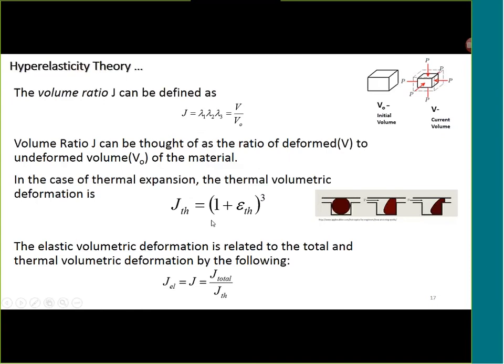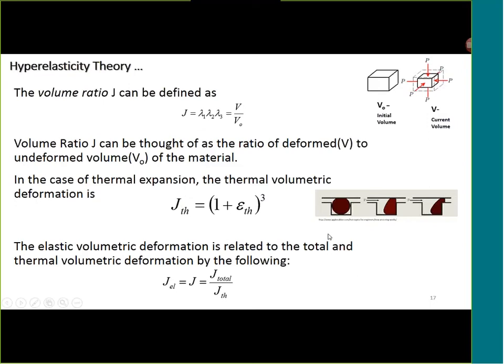And another important aspect that we have seen in part 1 of this series is the incompressibility aspect of elastomeric materials. So the incompressibility aspect is mathematically formulated in terms of the volume ratio, which is nothing but the ratio between the initial volume and current deformed volume.